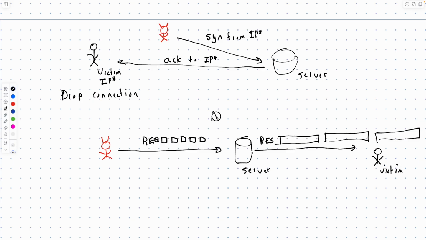Okay, so we call it amplification. And this has to be UDP. If TCP, the size of SYN and ACK are similar.